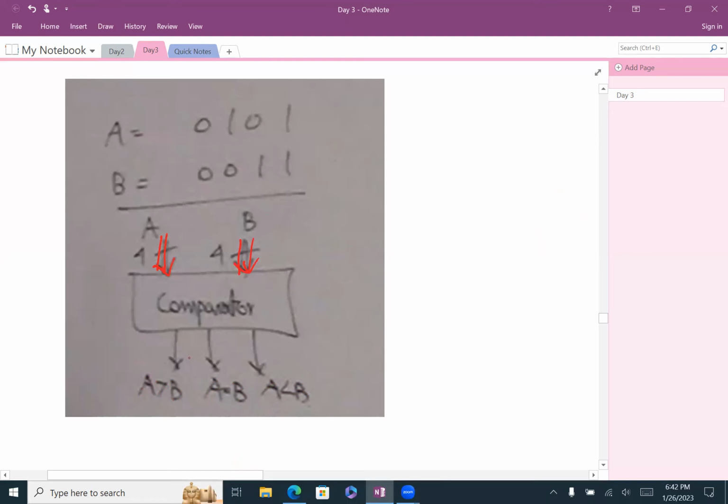Okay, just remove this one. All right, then we'll have A equal B or A less than B. So if the output is 1 0, what does that mean? Equal. What about 0 1? Okay, what about 0 0? A bigger than B, correct? So really you don't need 3, you need 2.